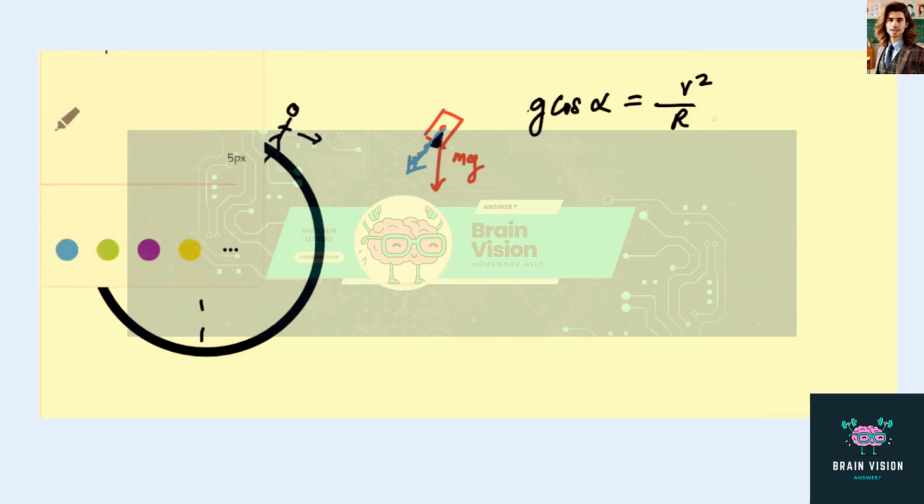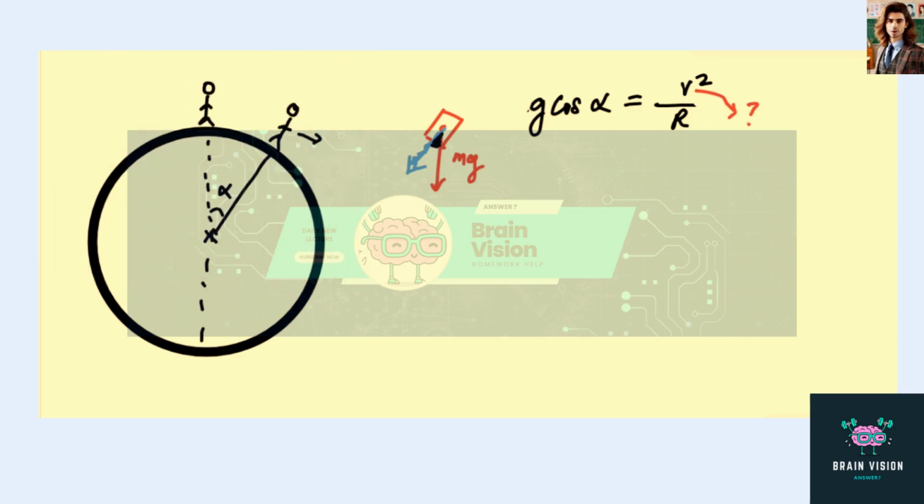What is v? Now v will depend on the kinetic energy that our person has at this point, and the kinetic energy comes from the gravitational potential energy.